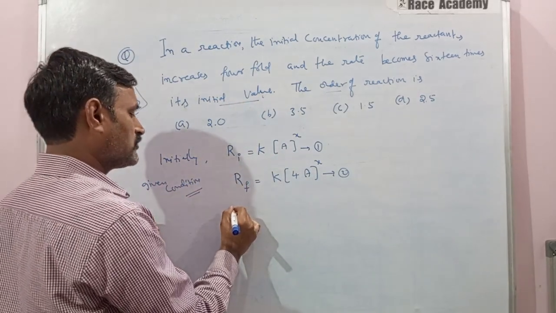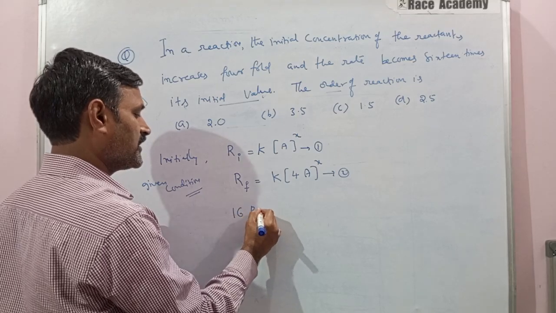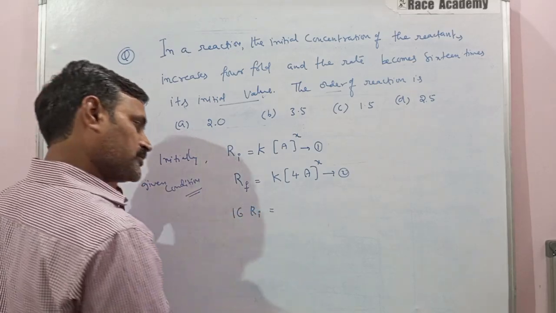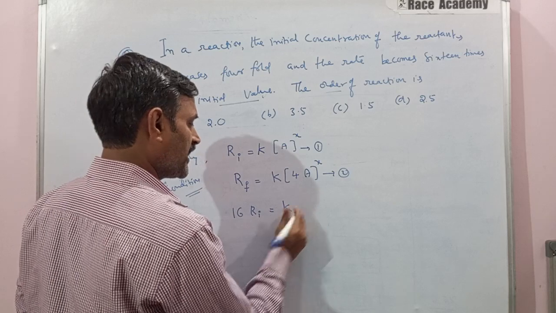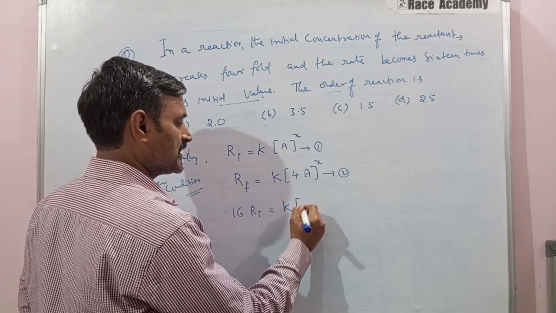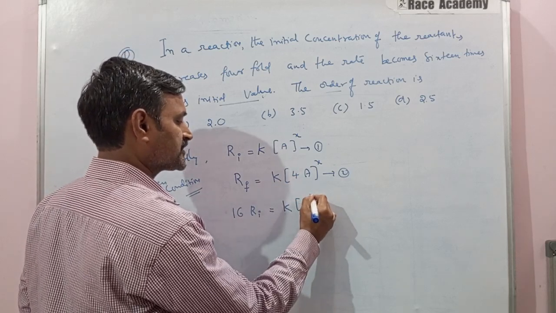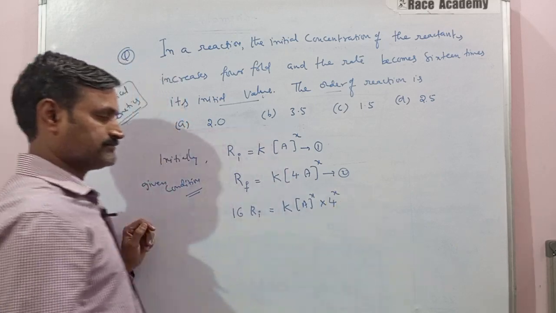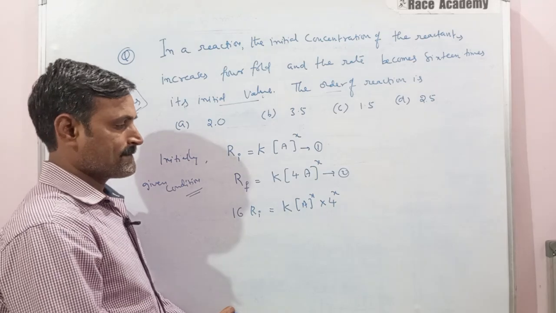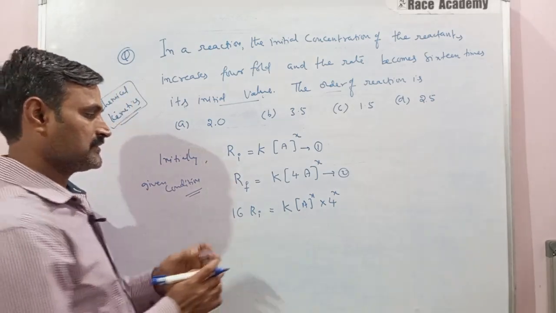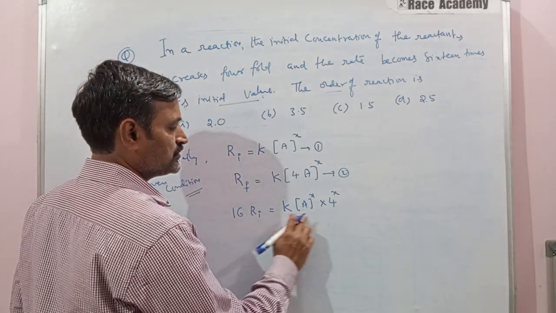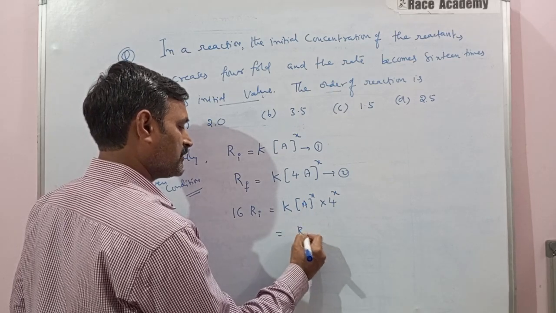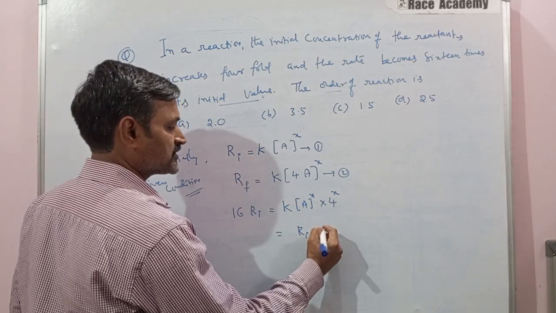So you take that as 16 into RI, equal to K into A to the power X, where the 4 comes outside as 4 power X. Now we are very clear that K into A power X is again the initial rate from equation 1.